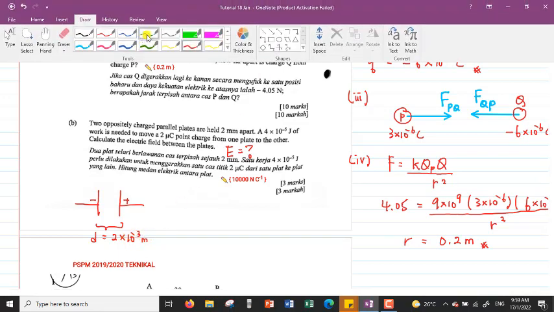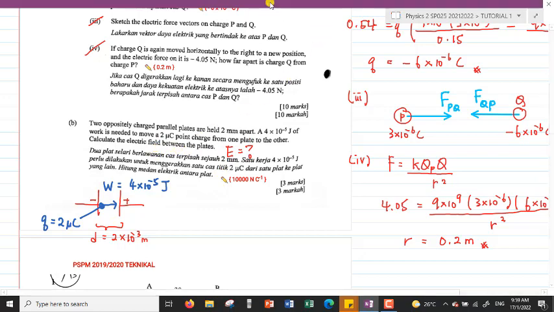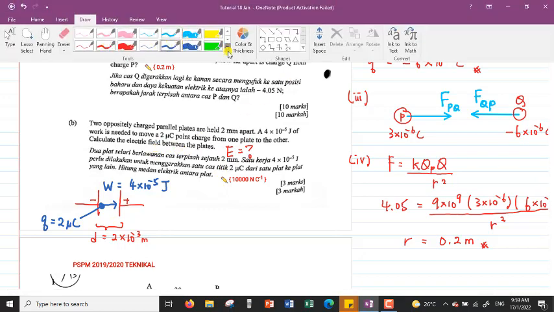So the question said when we move a charge from one plate to another plate, we need to do work. The work we do will be 4 to the power of negative 5 joule. So the charge, the magnitude of the charge that we move is 2 microcoulomb. So we want to find the electric field between the plates.